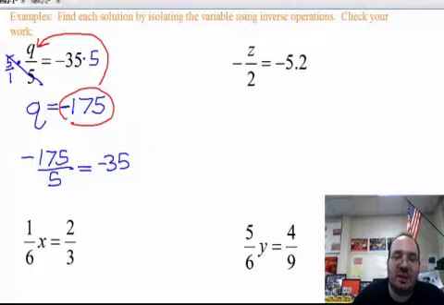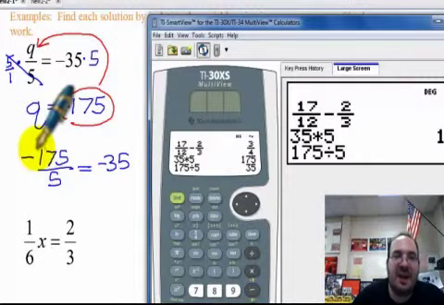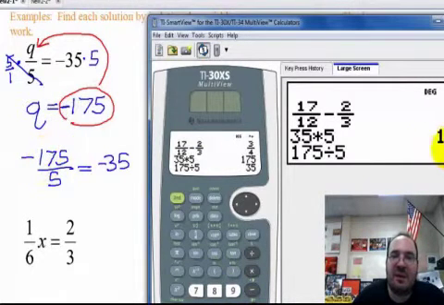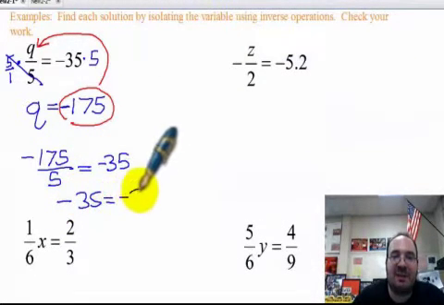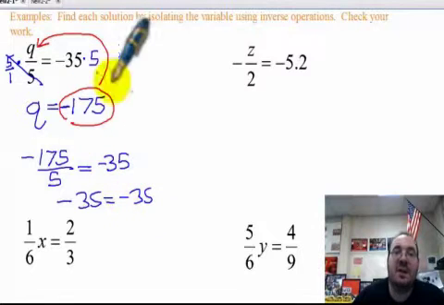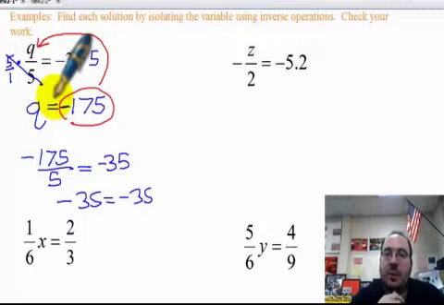And then you can check your calculator, divide that back out. So 175 divided by 5, I get 35, and then there was a negative there, so that means there'd be a negative in my final answer. And that means that I have a true statement. Negative 35 equals negative 35. So this was correct. Let's do another one.